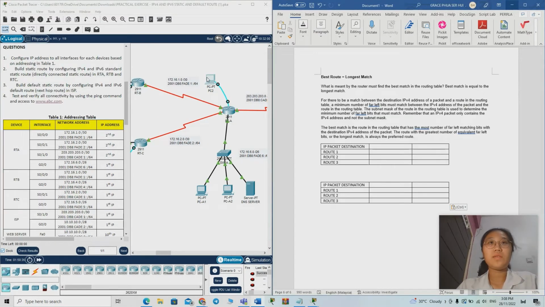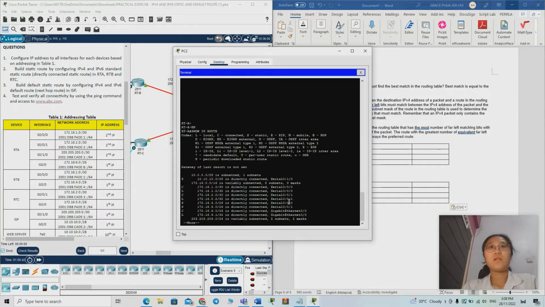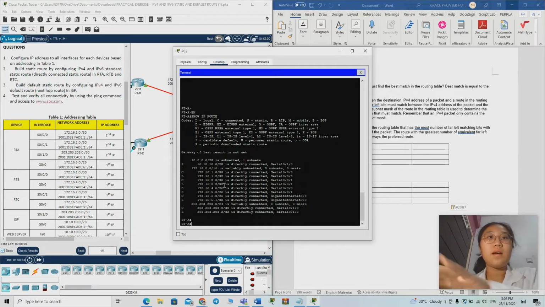Okay, so let's look at the RTA terminal. If we use the command show ip route, we can see the IP networks that I have made static.